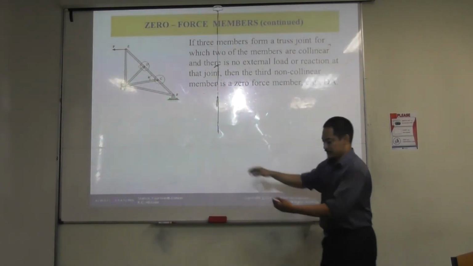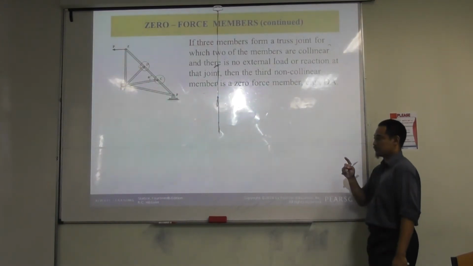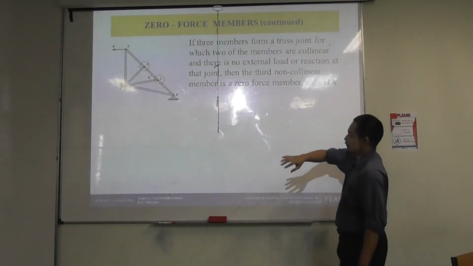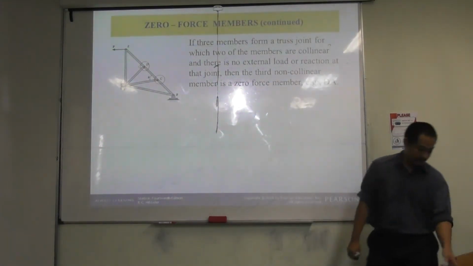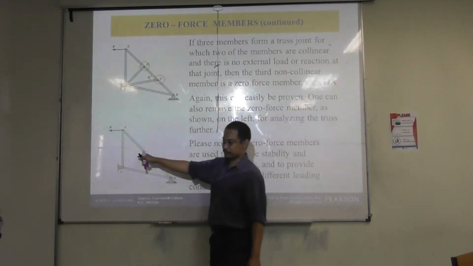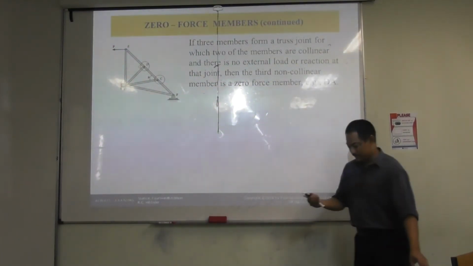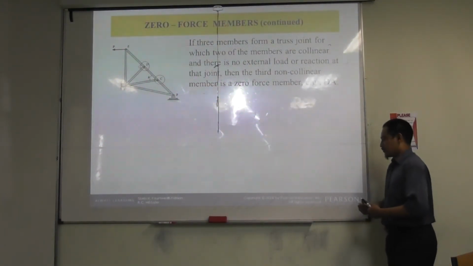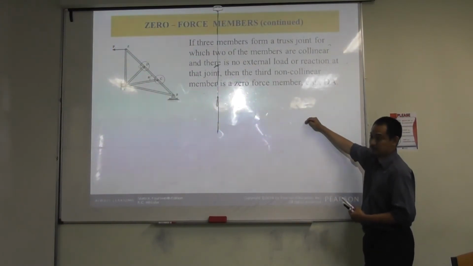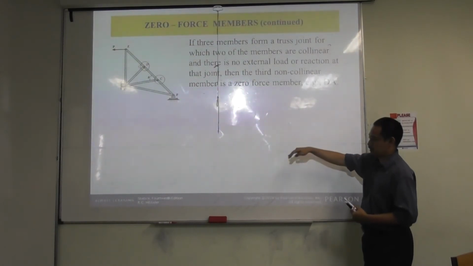Now with this, there are 2 or 3 possible scenarios. If you get any question, for example in this case, it will be easier because basically this will become 0. In the exam, one scenario is that you have a problem where there is a zero-force member and you can identify it, which makes solving the question easier.